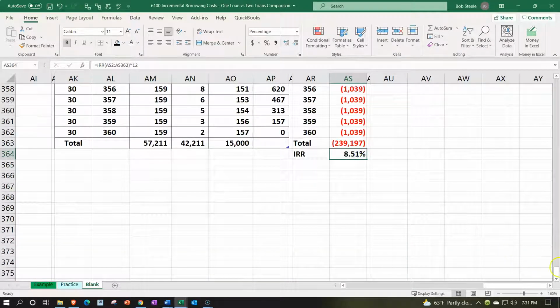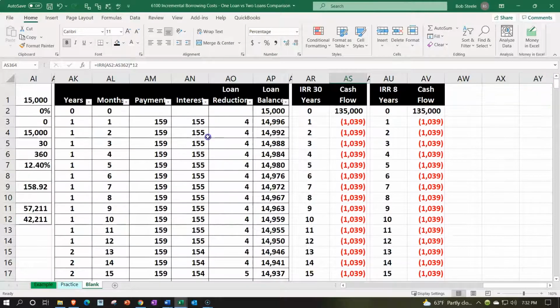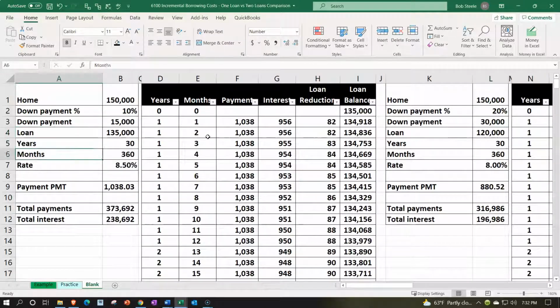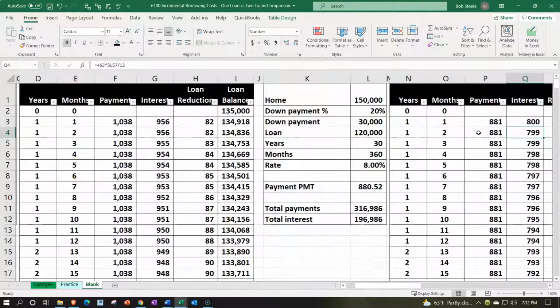So it's 8.51. Now again, that 8.5 matches, in essence, what the rate would be if we combined or had one loan at the 135. So that's kind of just trying to give us a proof of, in essence, the two loan scenario versus the incremental costs of going from a smaller loan, in essence, up to then a larger loan.